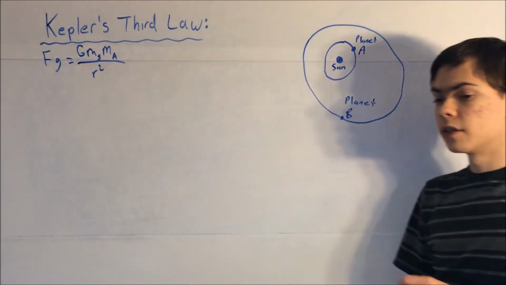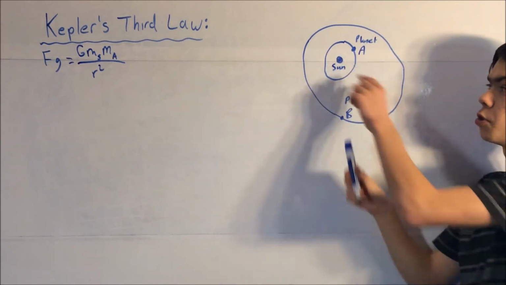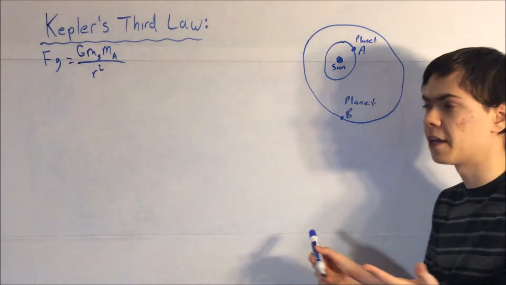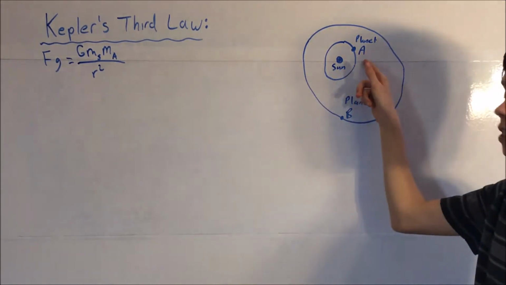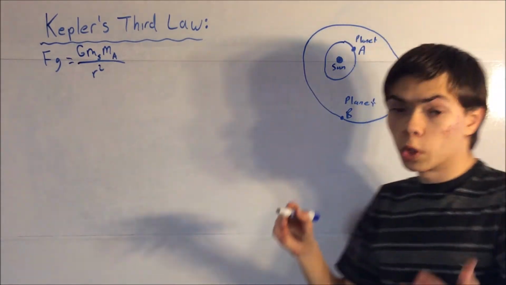Now, granted, the acceleration due to gravity of planet A around the sun is always changing, right? And the reason why is because it's an elliptical orbit. We'll get further into that.